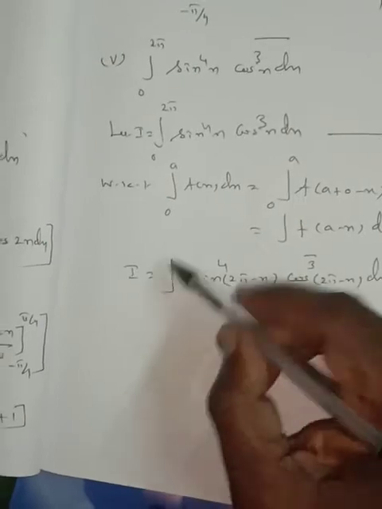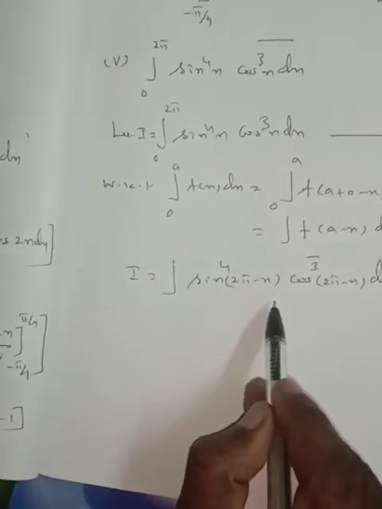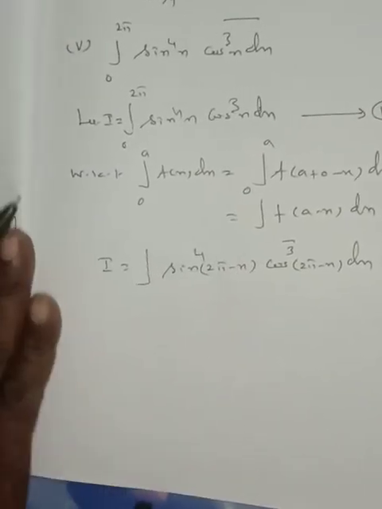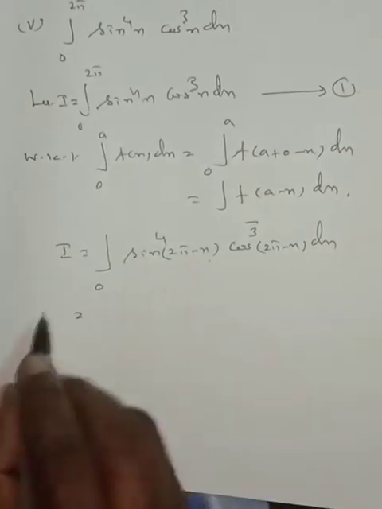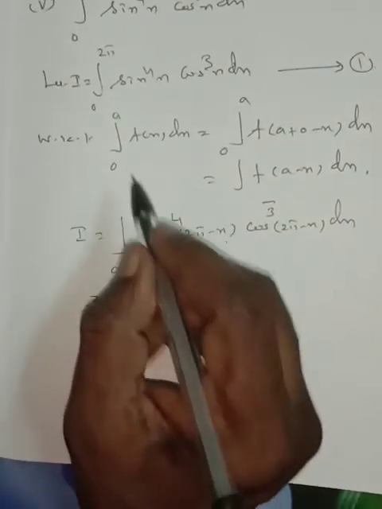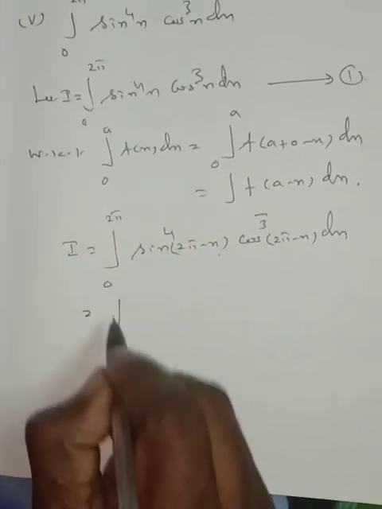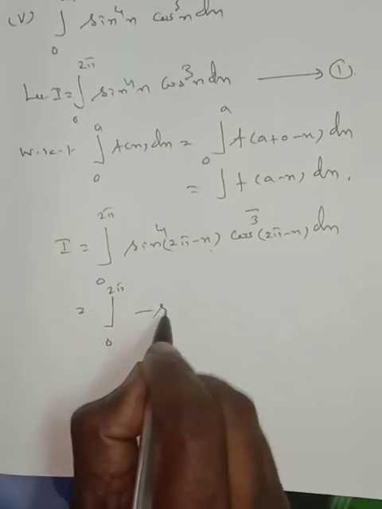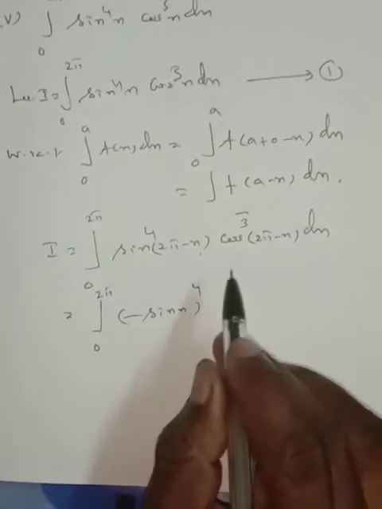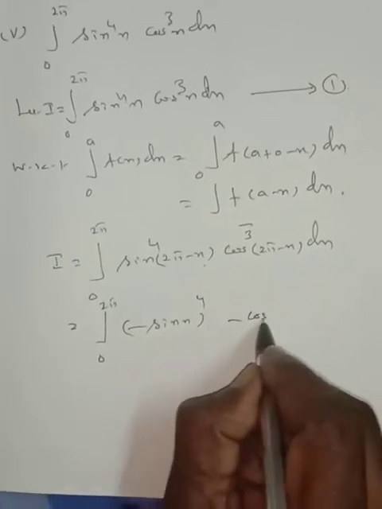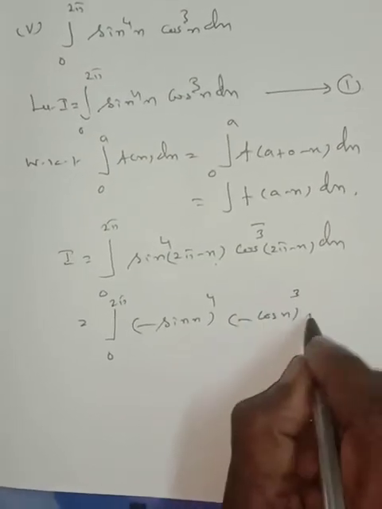Adding 2 pi plus 0 is 2 pi, therefore 2 pi minus x. Sin 2 pi minus x is minus sin x. Therefore, integral 0 to 2 pi, minus sin x whole to the power of 4 into cos 2 pi minus x is minus cos x whole to the power of 3 into dx.